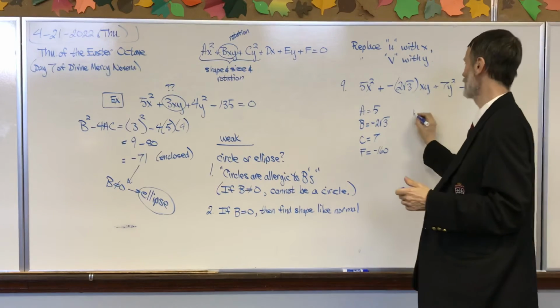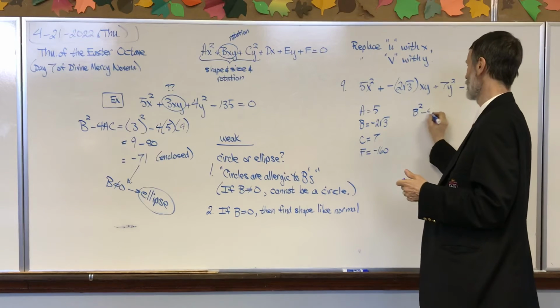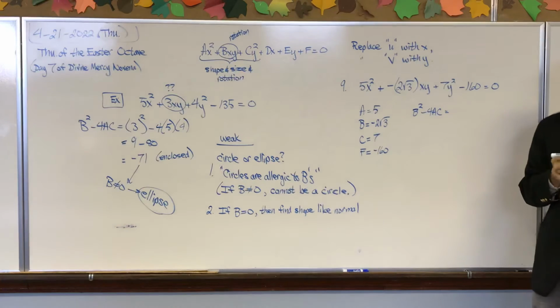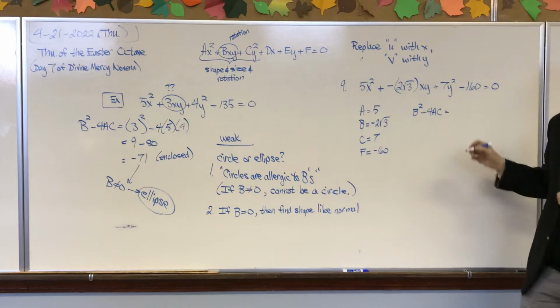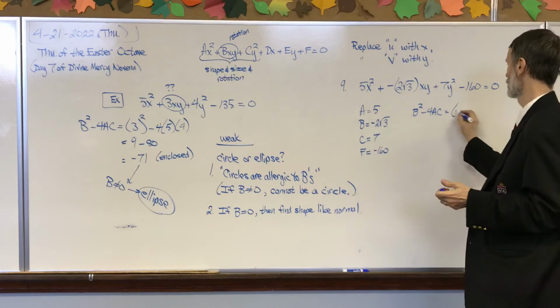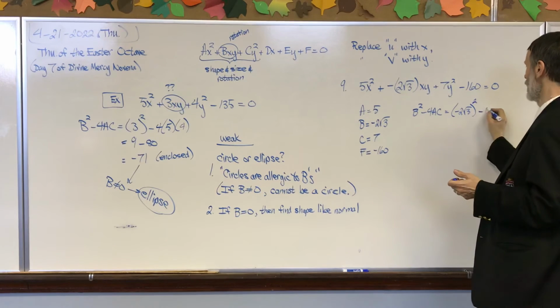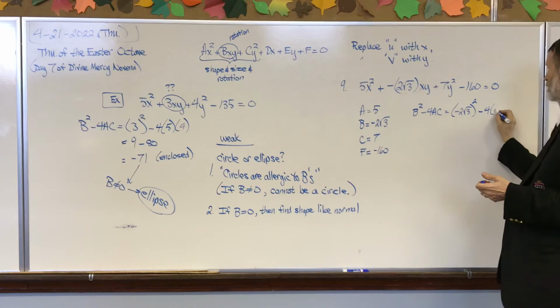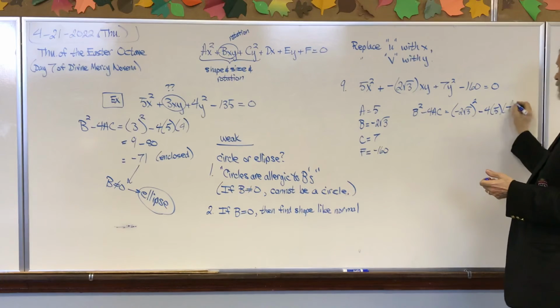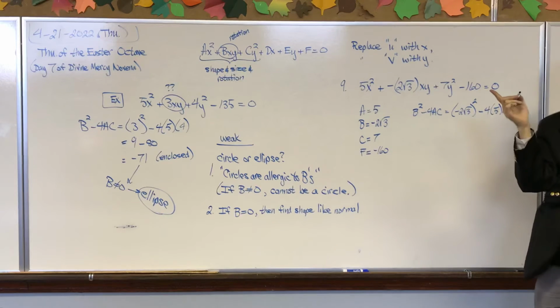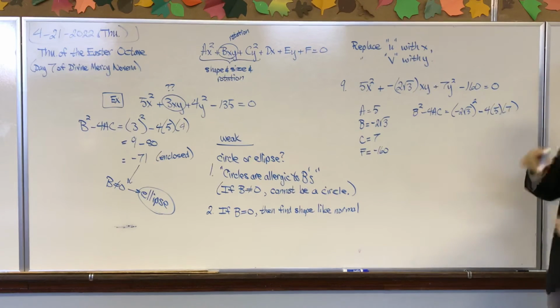But can somebody find the shape for me? B squared minus 4ac. Let me see. Blade, help me out. What's b? Negative 2 radical 3, parentheses squared. Minus 4 times 5 times 7. Good. What's negative 2 radical 3 when you square it? Yeah, go ahead. 4 times 3.